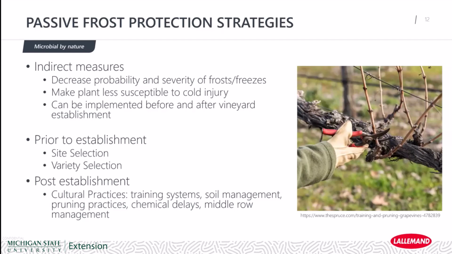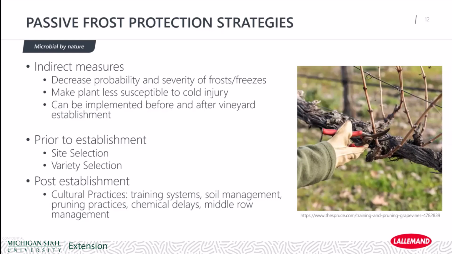But these are things you definitely want to consider when you are setting up a new crop, perhaps pulling out old vines and putting in new vines, or if you're looking to expand your operations into a new vineyard. Post-establishment, we're really talking about cultural practices.